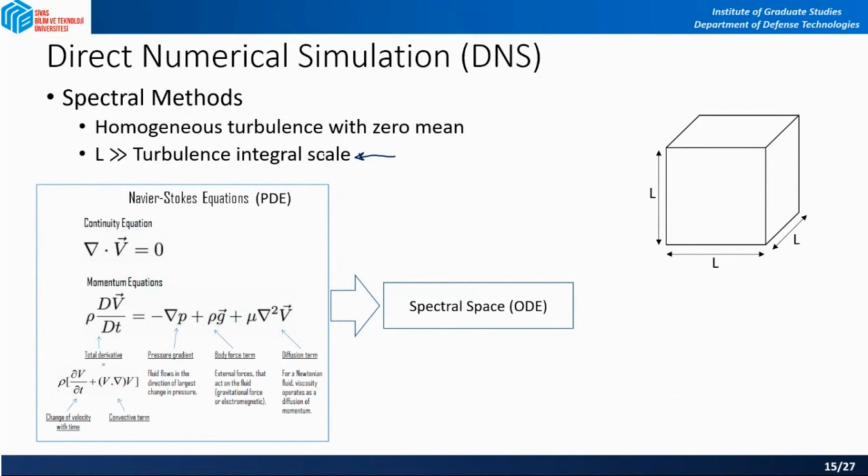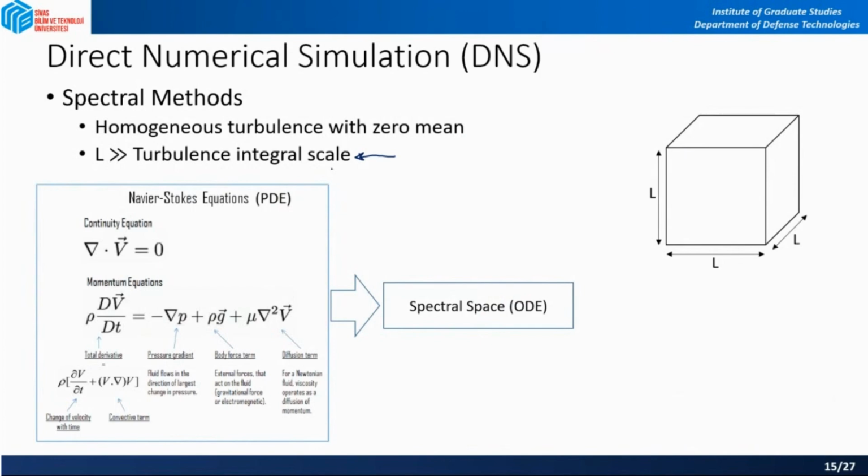Since it is what you call a spectral method, the equations are not solved in terms of physical variables like delta x, delta y, delta z, but they are solved after transforming the equations into an appropriate form in the spectral space, meaning that we discretize wave numbers. We don't discretize delta x, delta y, delta z.